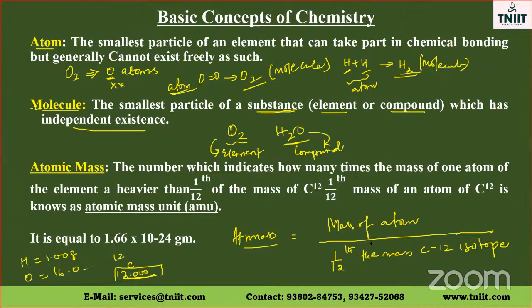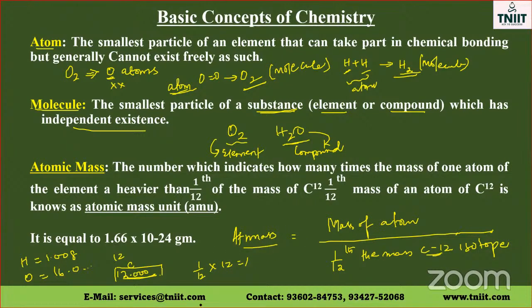Now, atomic mass is defined as the ratio of mass of an atom to 1/12 the mass of carbon-12 isotope. When we say 1/12 the mass of carbon-12, the mass of carbon-12 is 12, so it's again 1. So that means atomic mass is just the mass of an atom.